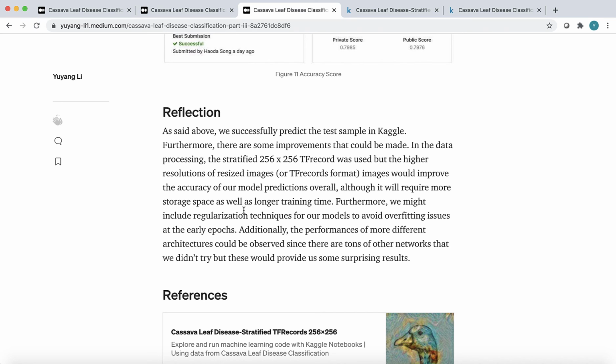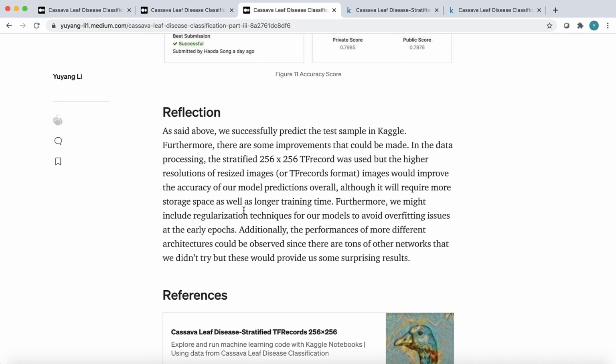The second point is that we saw our models have a tendency of overfitting at the early stage of training epochs. So we are considering applying regularization techniques such as adding ridge or lasso terms into the model to help ameliorate the situation.